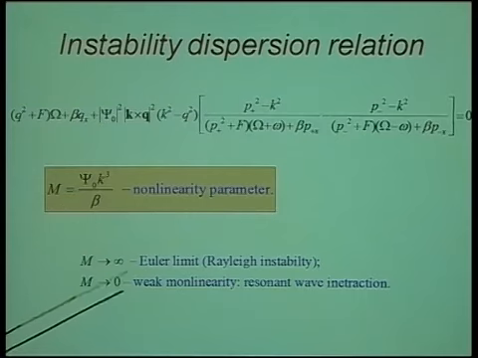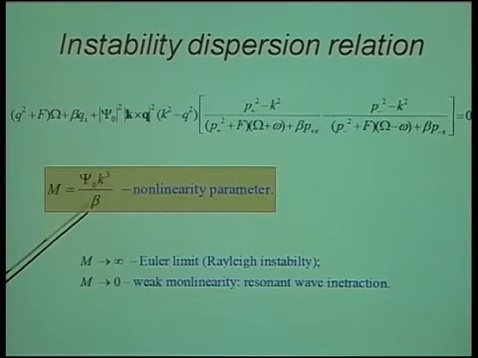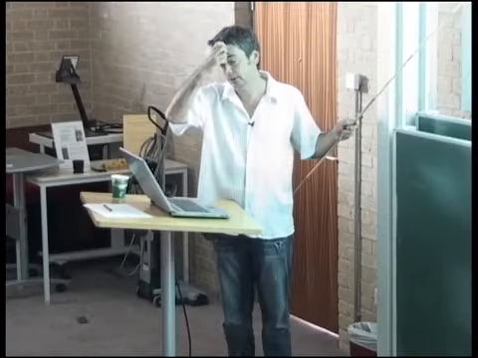Just for reference, in the plasma literature, most of the works on modulational stability were in the limit M much greater than 1, M tends to infinity. And in fact, this is basically the Euler equation limit, because you ignore the beta effect. And in the Euler equation limit, it was done even before Gill and Lorenz by Arnold and Meshalkin.